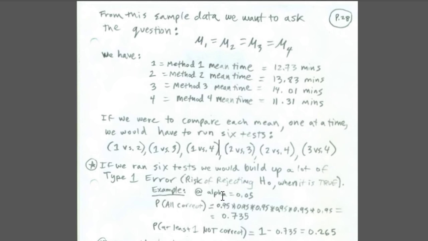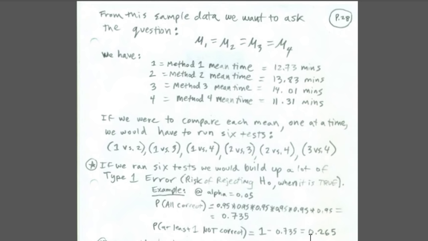If our alpha is 0.05, the probability that they're all correct, and this comes from Chapter 4, our multiplying rule, is 0.95 six times, so the probability that they're all correct would be 0.735. And if we remember our complement rule, if we want at least 1 not correct, that would mean 1 or 2 or 3 or 4 all the way up to all 6.